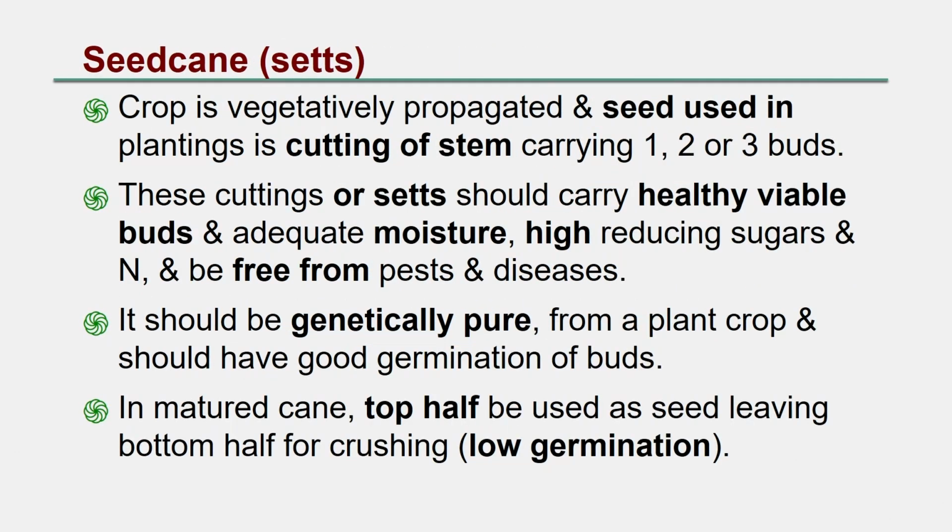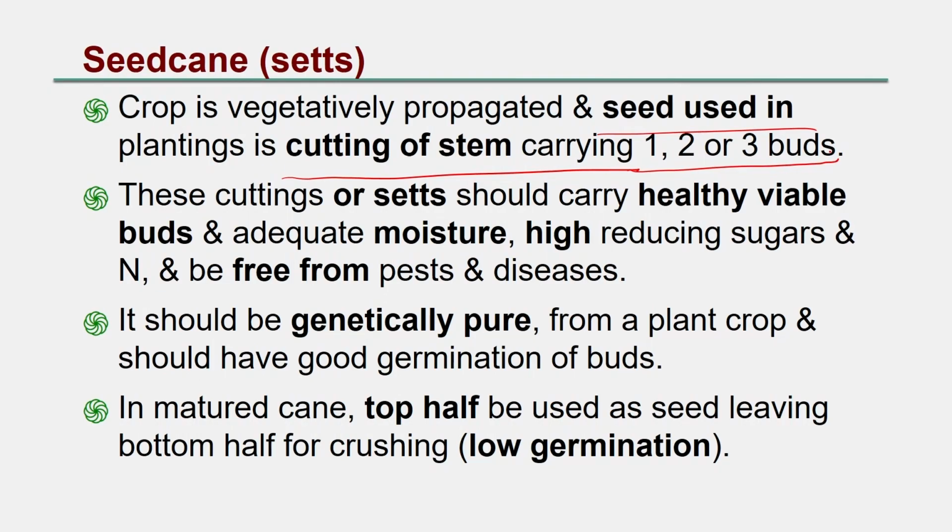Now seed cane. Seed canes are actually the sets which are used for sowing purposes or multiplication purposes. The crop is vegetatively propagated, and the seed used in planting is a cutting of a stem carrying 1, 2 or 3 buds.